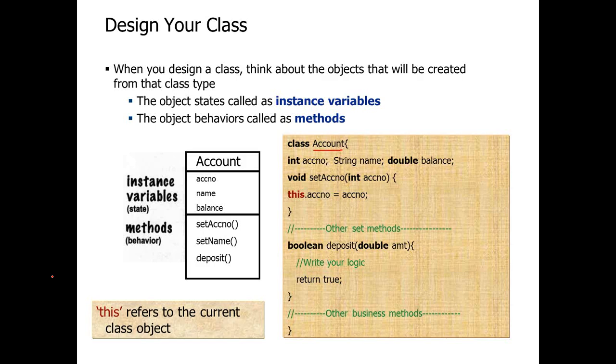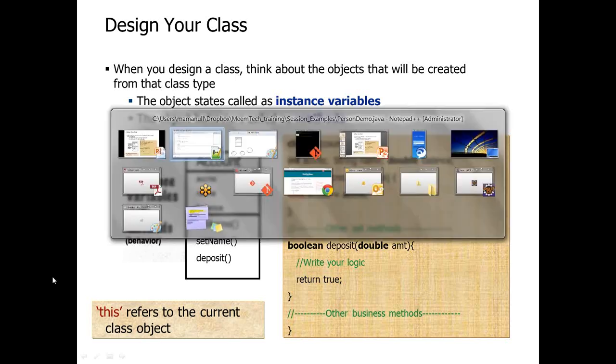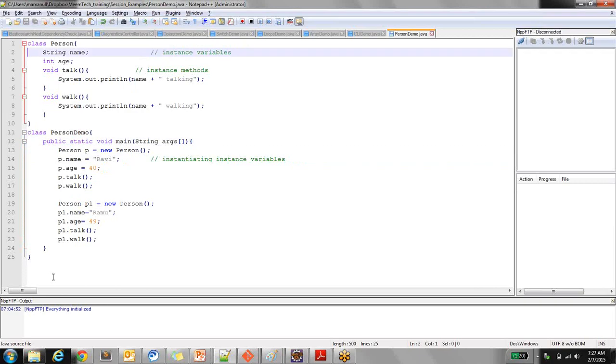So I hope you got this concept of what class is and what object is. So when you design a class, think about the objects that will be created from that class, and the object state is called as instance variables, and behavior is called as methods or instance methods, to be specific. They are instance methods because they operate only on that specific instance.